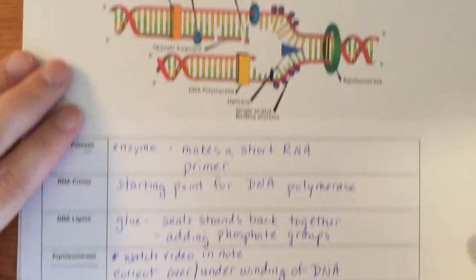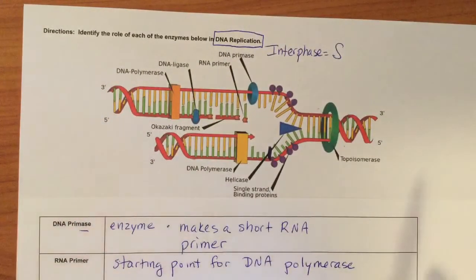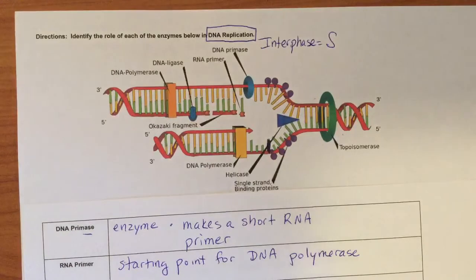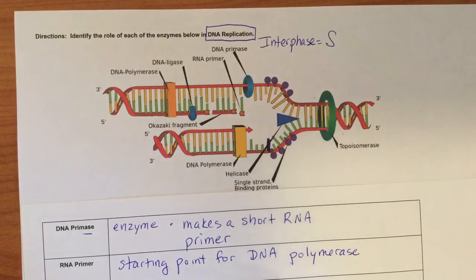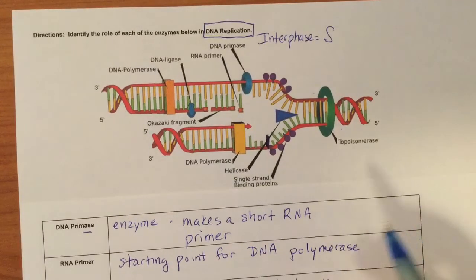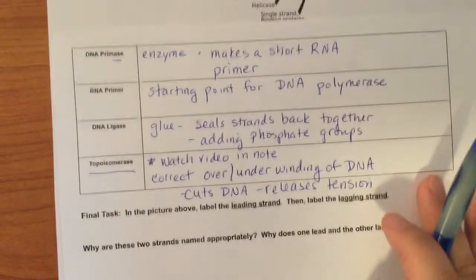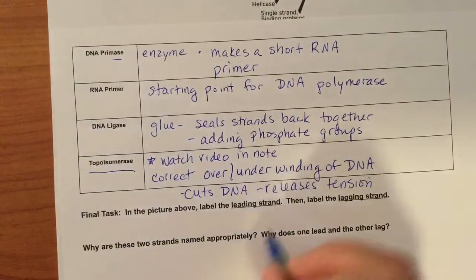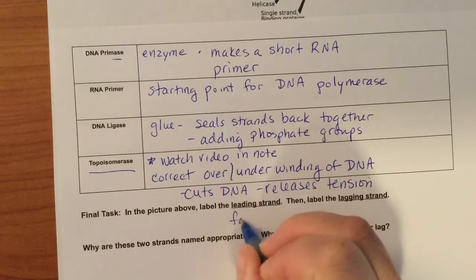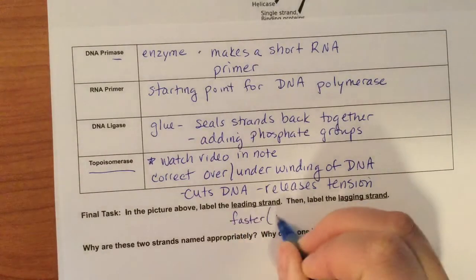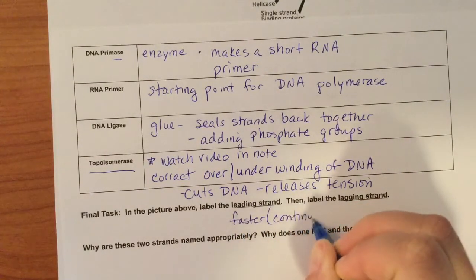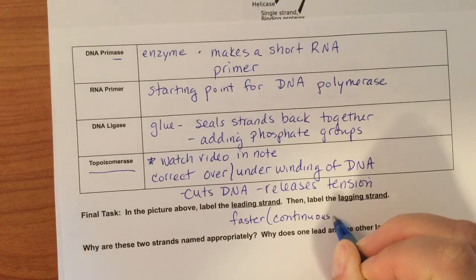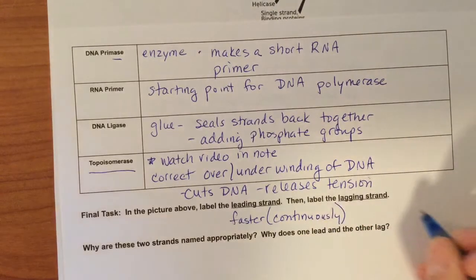Okay, now the tricky and the last part here is to identify what's going on in these particular sequences. One of these strands is going to synthesize everything faster than the other strand, and we call that the leading strand. So the leading strand, remember, is doing everything faster, and another way to say that is it's synthesizing continuously in one direction.